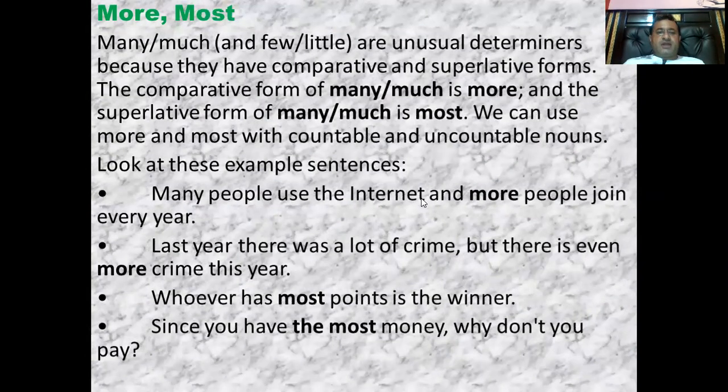Now, a few examples. Many people use the internet and more people join every year. So many people, a countable number, is there, and more means even more people are being added. Every time the number is increasing. So more people join every year.